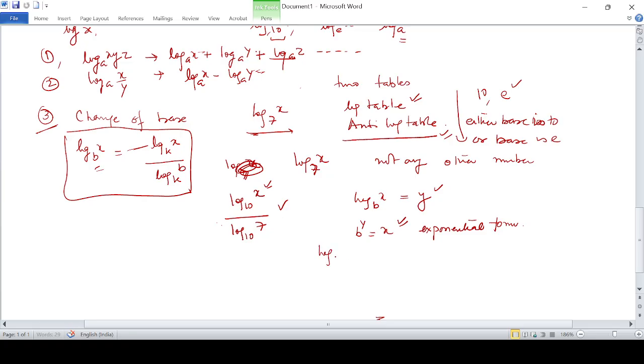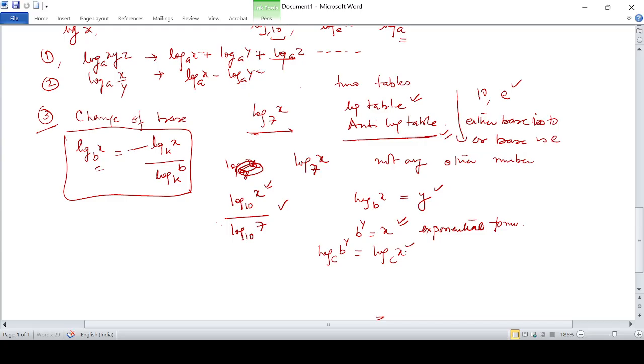Suppose we write log c. We take log with some other base, log c, and this is equal to log_c x.